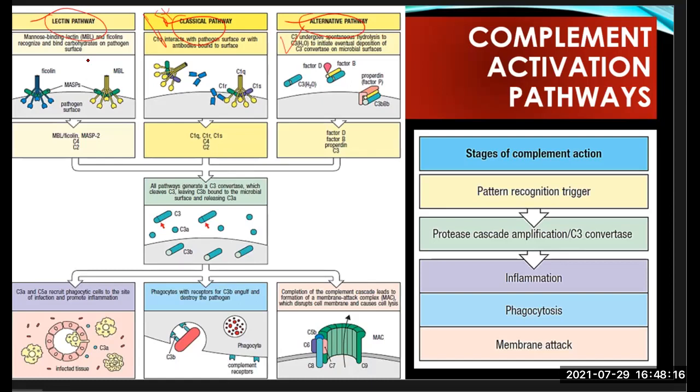The first to be discovered was the classical, followed by the alternative pathway and the lectin pathway. The lectin pathway also bypasses antibody to enable efficient activation on pathogens. What do you mean by that? That the alternative and the lectin pathway are both antibody-independent pathways. They don't require the presence of antibodies, while the classical pathway requires antibodies for complement to be activated on the pathogenic surfaces.